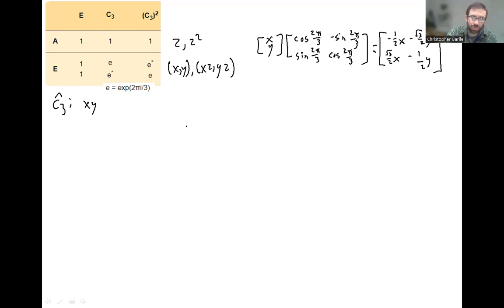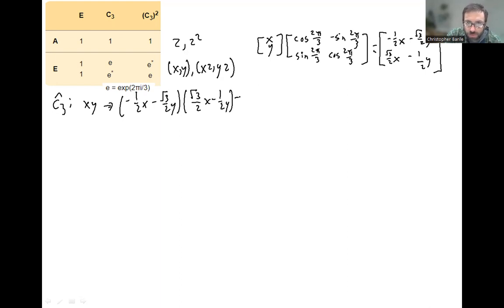So that's how x and y transform. How xy is going to transform is we just plug in what we got for x, that top part of the resulting matrix, and we multiply it by what we got for y, the bottom part of that matrix.